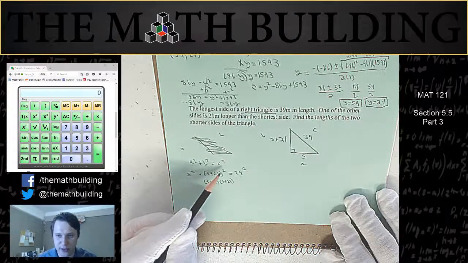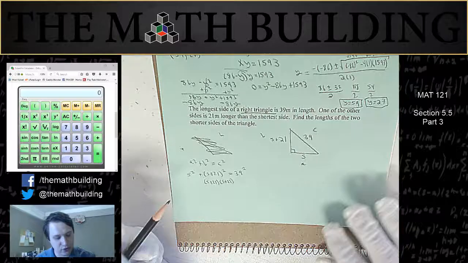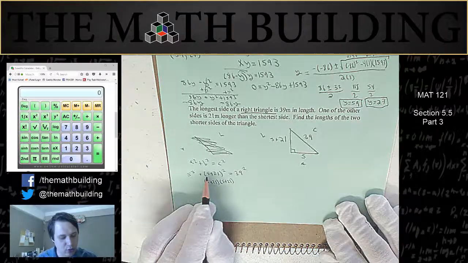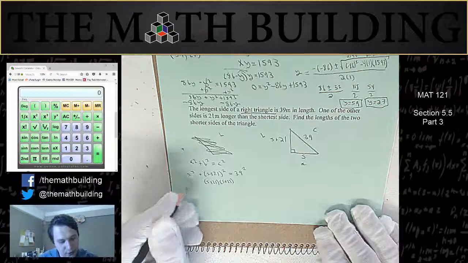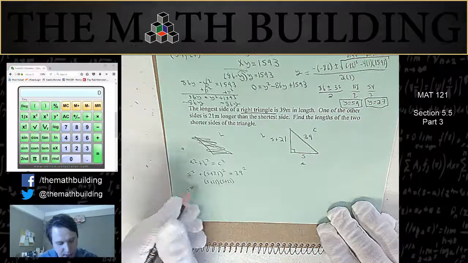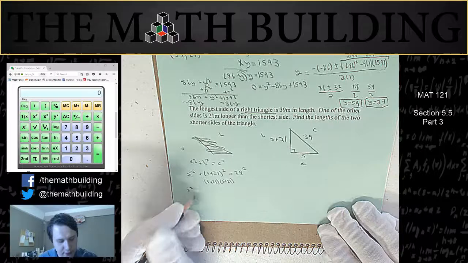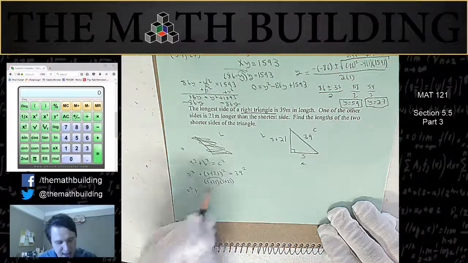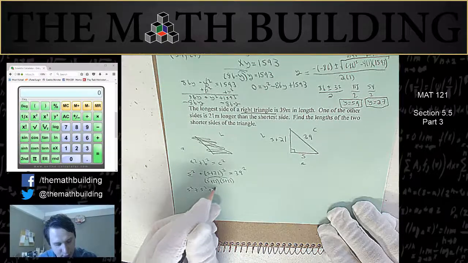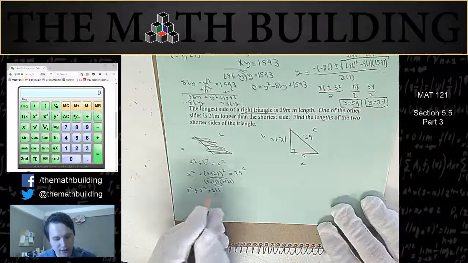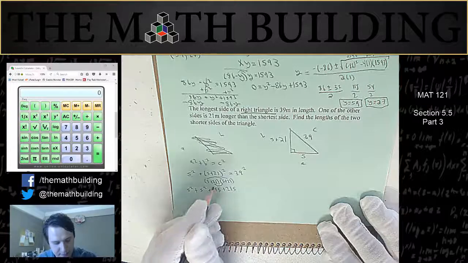That's what s plus 21 squared means, so we're going to need to do a FOIL. Don't just do s squared and 21 squared, or you're doing it wrong. You've got to do the entire FOIL. So this would be s squared, this original s squared, plus s times s is s squared. S times 21 is 21s. 21 times s is 21s again.